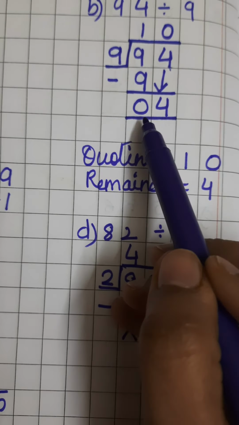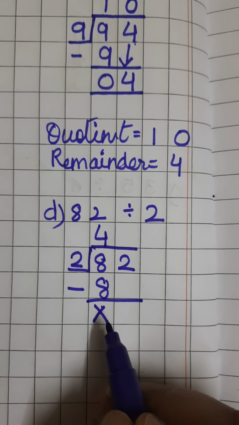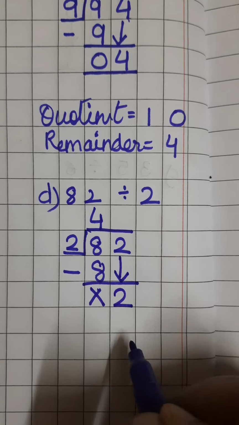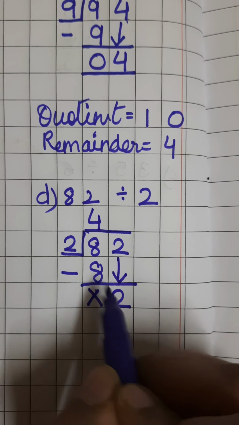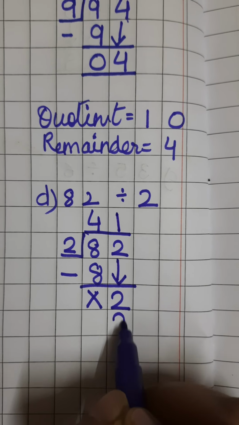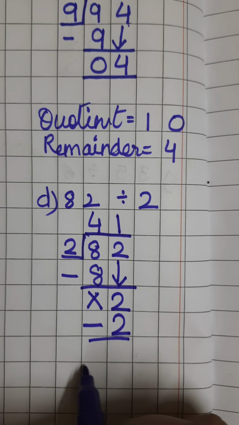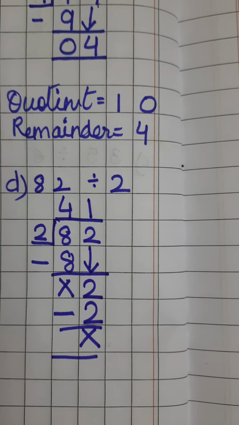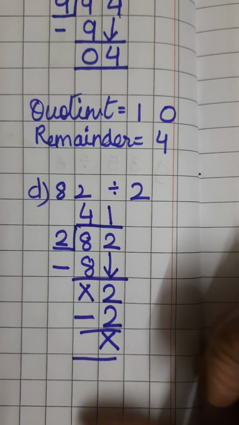You can put 0 also, you can put cross also. It is not wrong. Now bringing 2 down. Now 2 is equal to the divisor. See, 2 1s are 2. I will subtract and 0. 0 or putting a cross, both are correct.